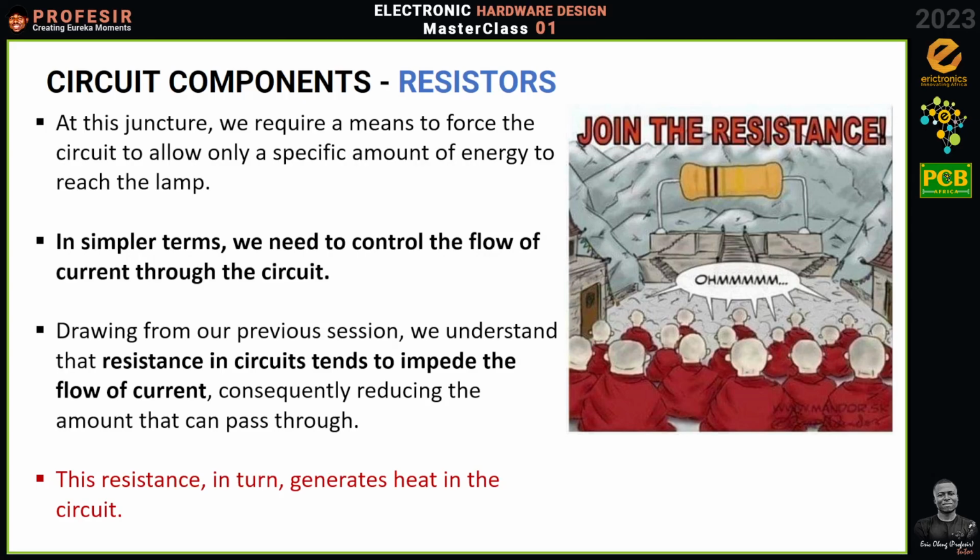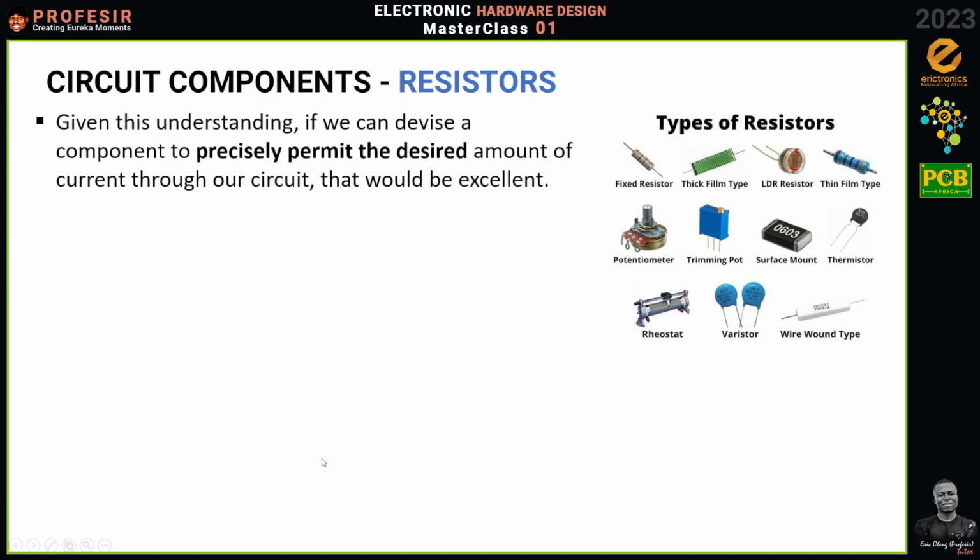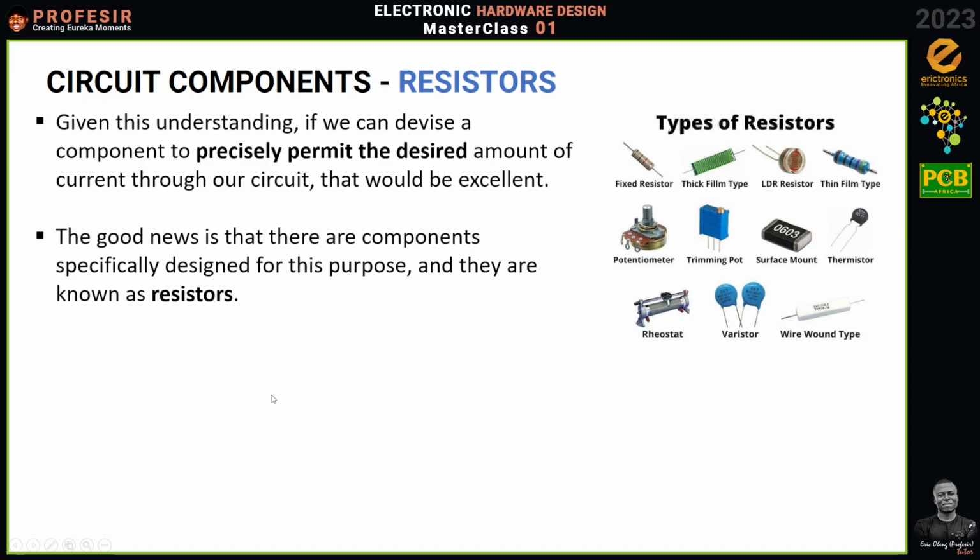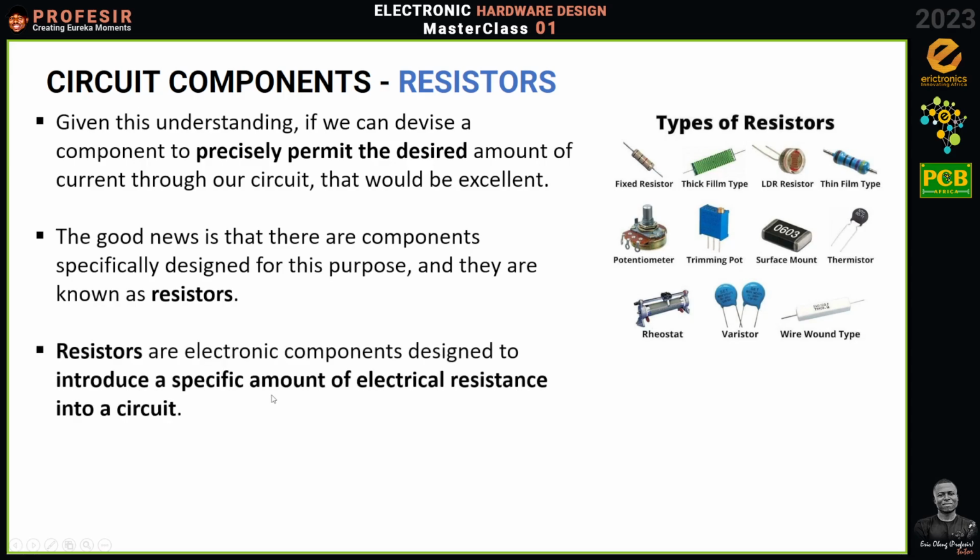We have to throw that excess energy away, and the only way we can do that is to convert it to heat energy. So the component that can actually help us do that is what we call a resistor. When we use it rightly, it will help us solve this problem.